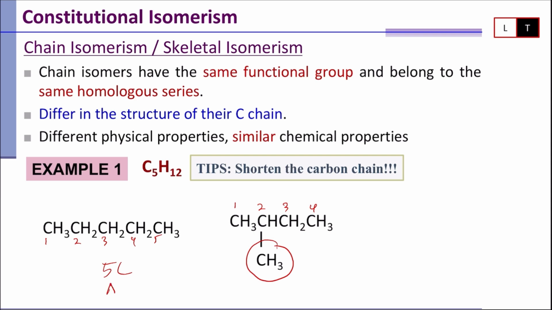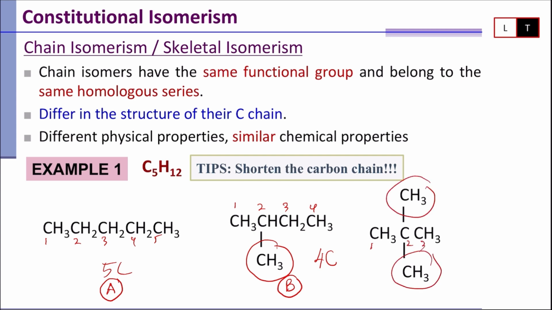For the first one, I will label as A. The second one, I will label as B. And the third one, I'm going to shorten the carbon chain from 4 carbon atoms to 3 carbon atoms. I got this one. 1, 2, 3. So these will be my substituents. So this is the third isomer. I label it as C. So we got 3 carbon chain.